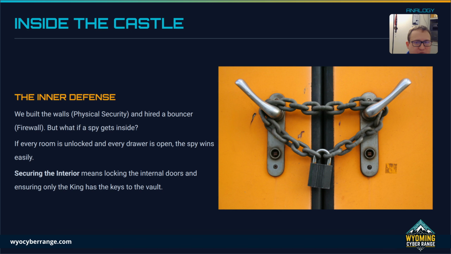So we need to secure the interior by locking every internal door, and it means ensuring that only the king has access to the vault. We need to assume the outer wall will eventually be breached and fail. So we need to make the inside hostile to the attacker as well.